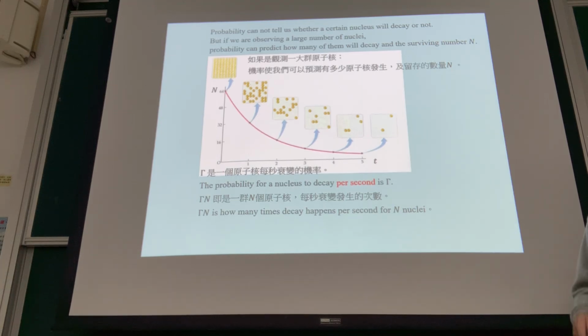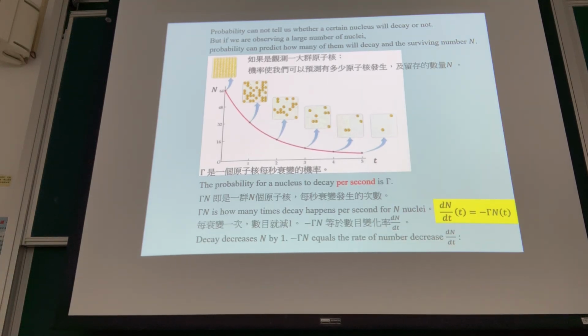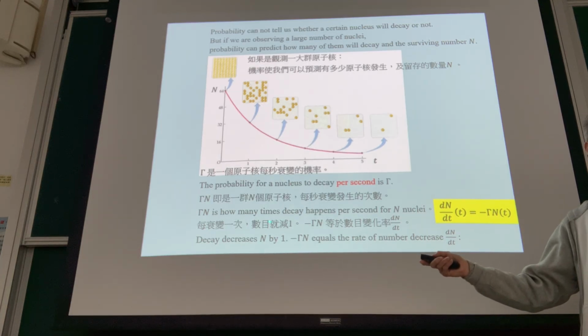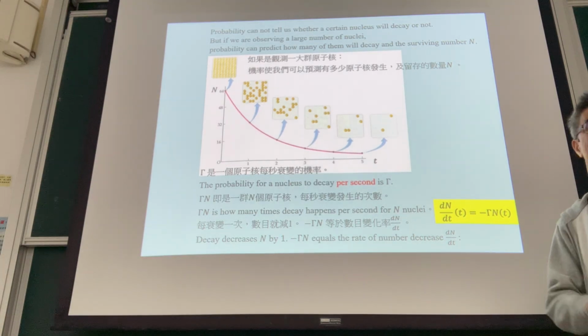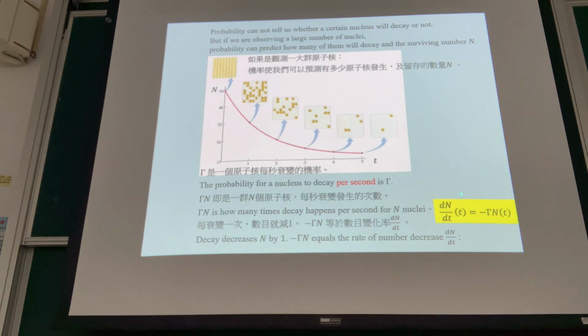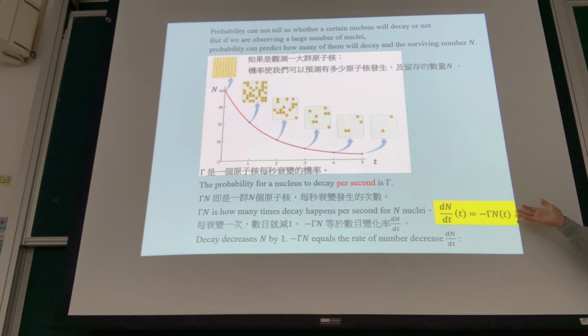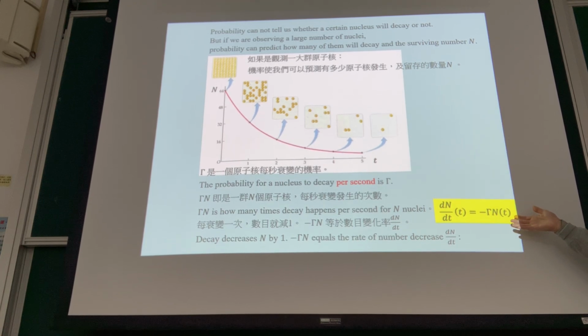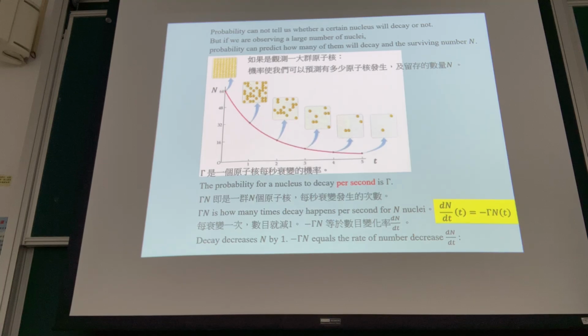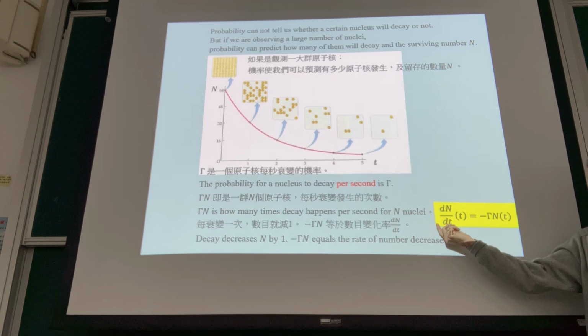If gamma n is the number of decays to occur, every time a decay occurs, n decreases by 1. Okay, so that means dn/dt is equal to minus gamma n. Friends, so that is the decay equation. The reason is pretty simple. Per second, dt means per second.